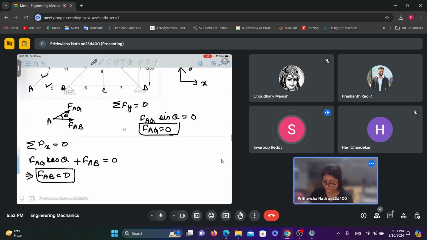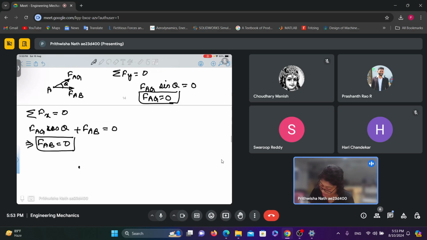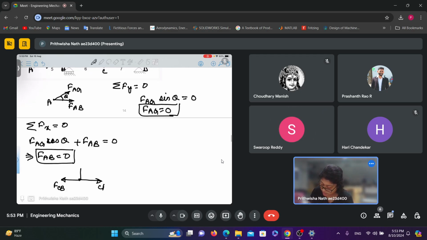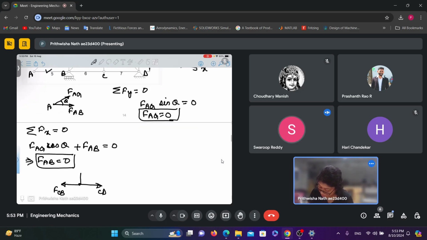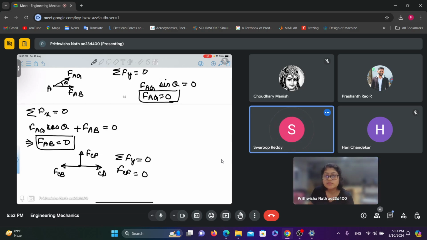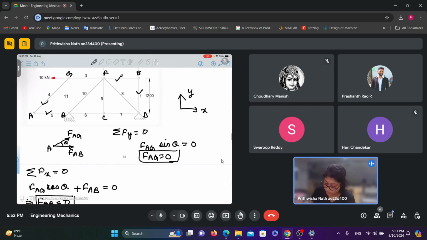Look at joint C. If I consider the joint C, this is CB, this is FCD, and this is FCF. So I can easily say that FCF is 0, right? Is this clear? Yes, ma'am. So this member 9 is also a zero force member.